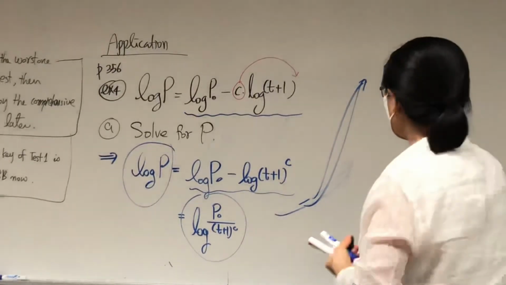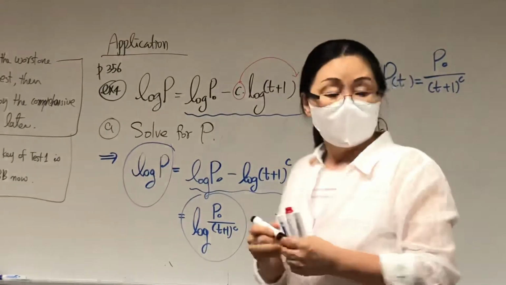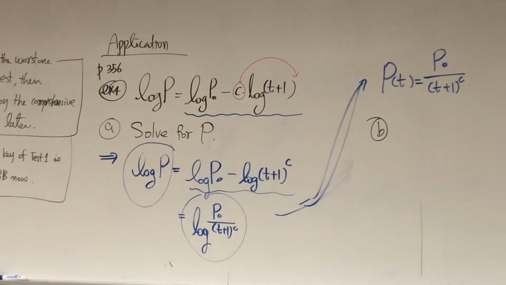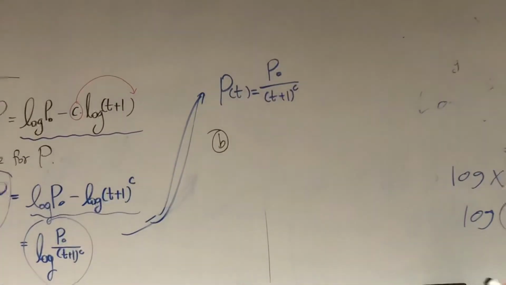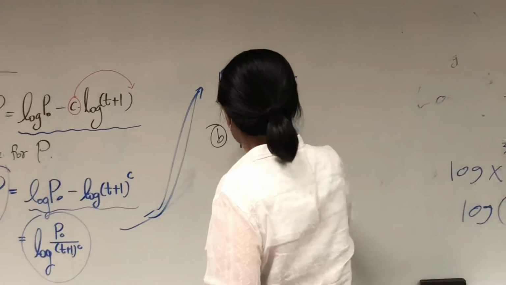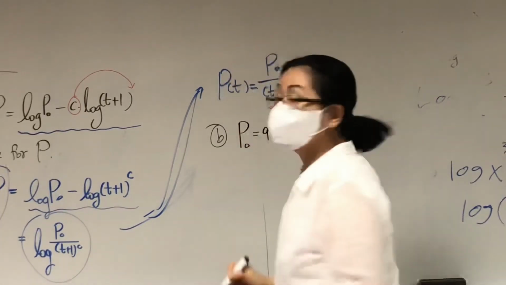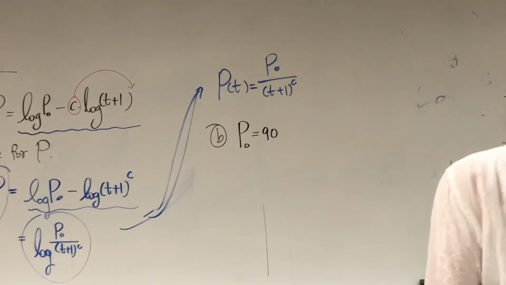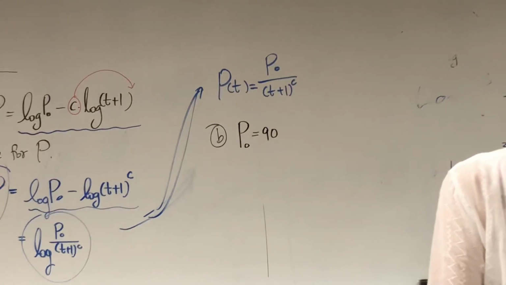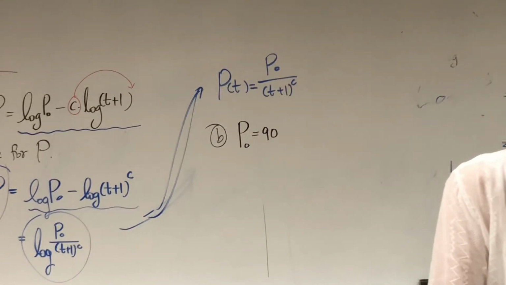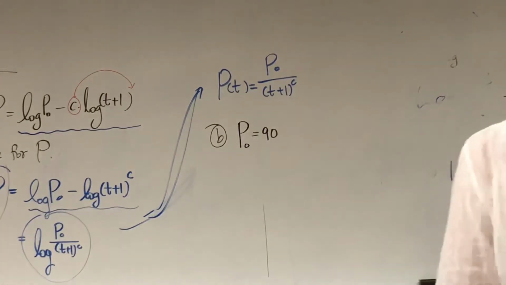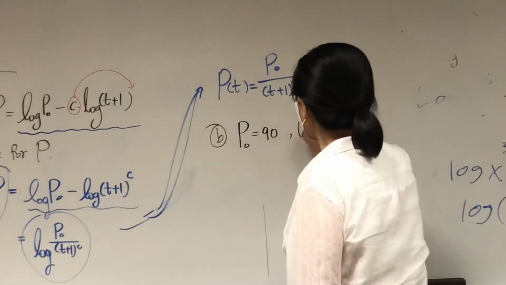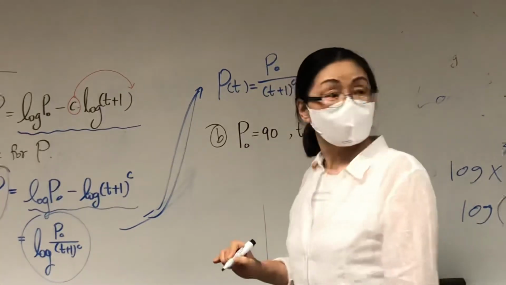Okay, B. If your score on a history test is 90, that's the baseline, so P of 0 was 90. Would you expect to get a similar score on a test after 2 months? T is 2.